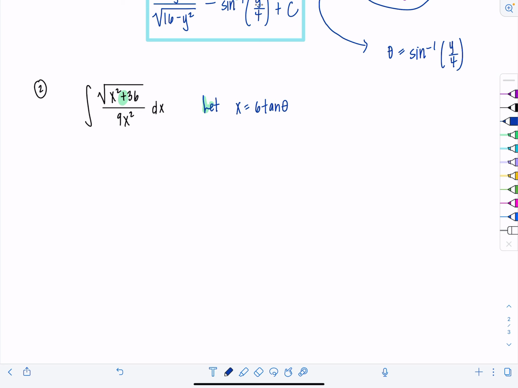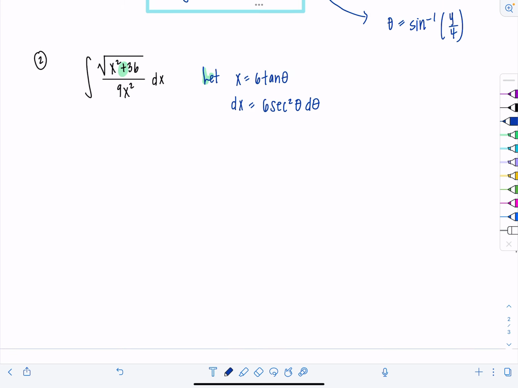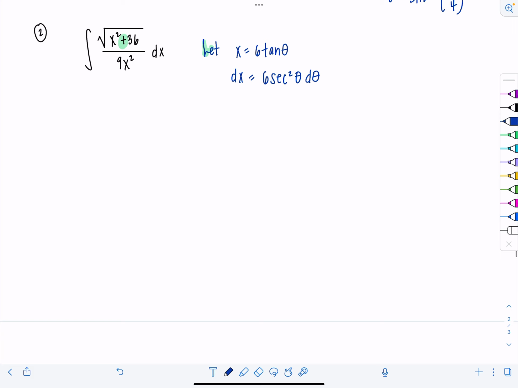And then the next step's always the same. You're going to find dx, which would be 6 secant squared theta d theta. All right, that's all the prep work that we do. Now we're going to substitute everything back into the integral, rewrite it using thetas only. So we have here the integral.